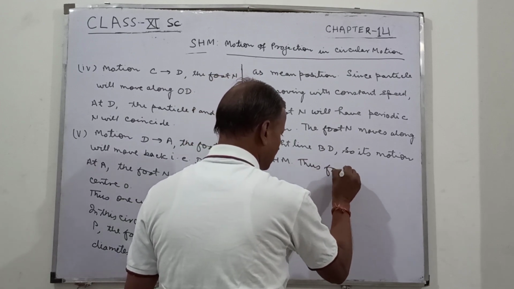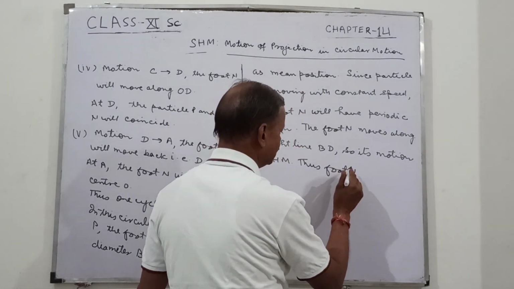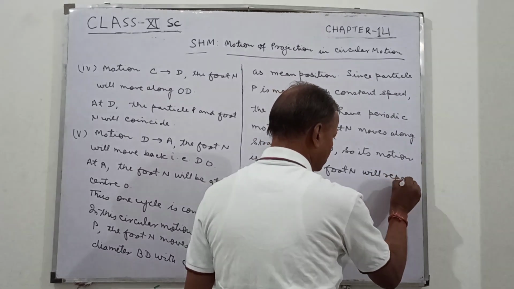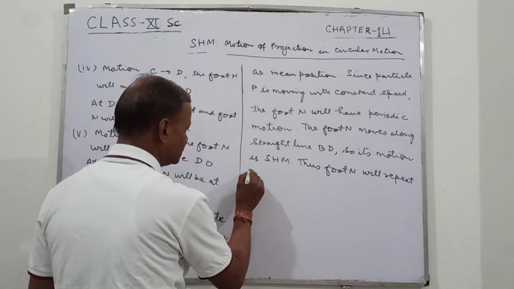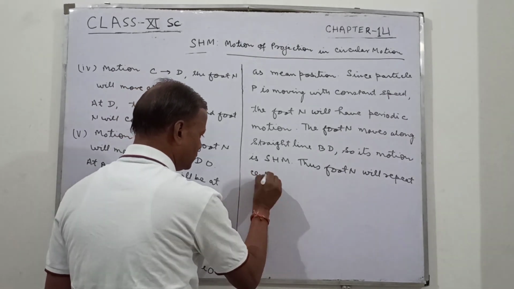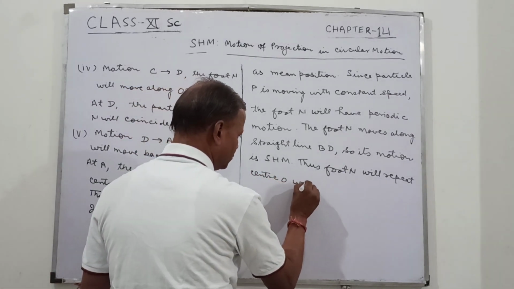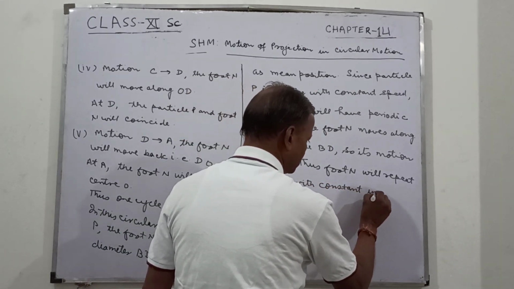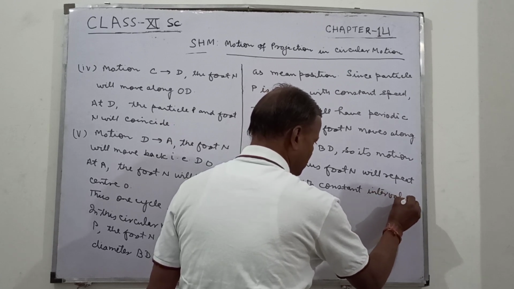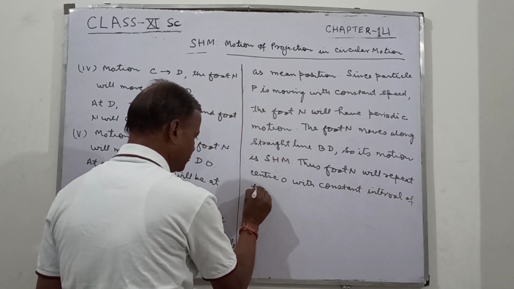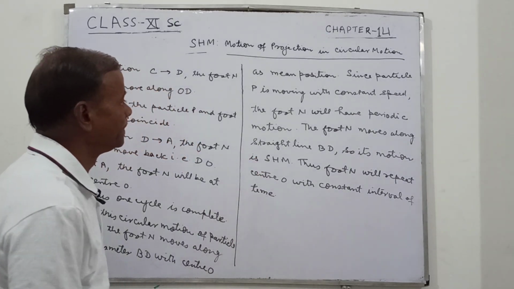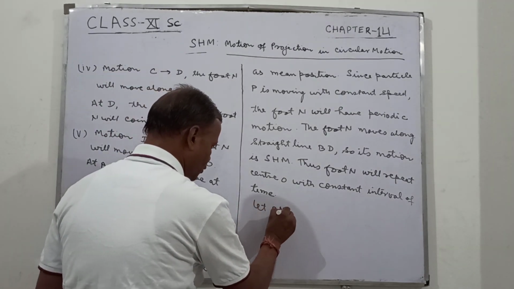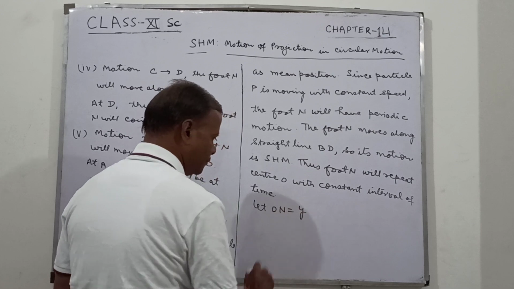Thus foot N will repeat center O with constant interval of time. So let ON equal to y.